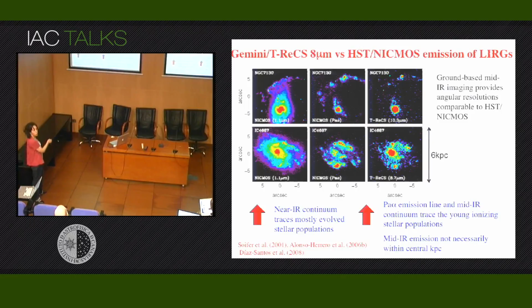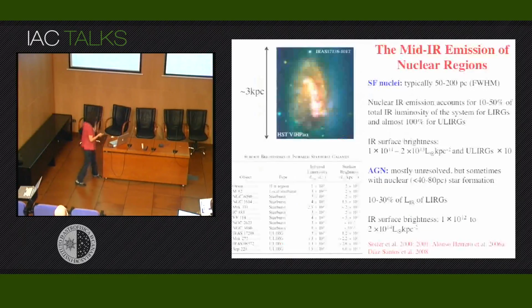And just to give you some numbers here, in the nuclei of the LIRGs that are dominated by star formation, we measure physical sizes of between 50 and 200 parsecs. And what is interesting to point out here is that the nuclear infrared emission accounts only for a small fraction of the total luminosity of the system.